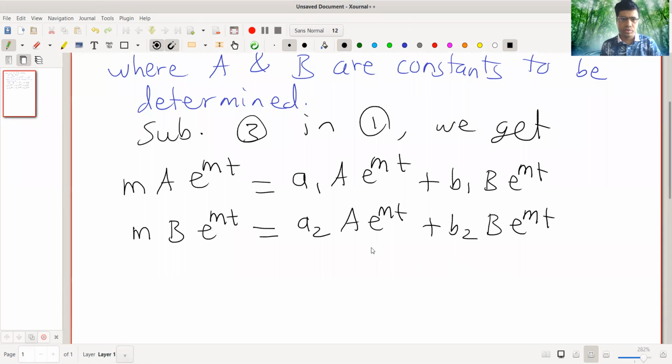Now we can divide this system by e raised to mt. E raised to m into t cannot be 0.